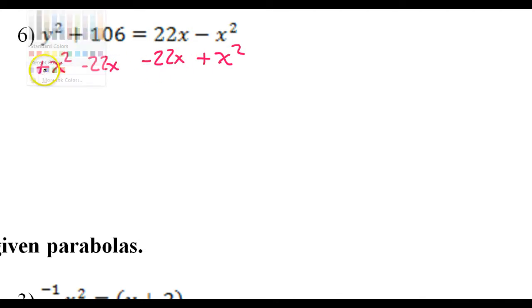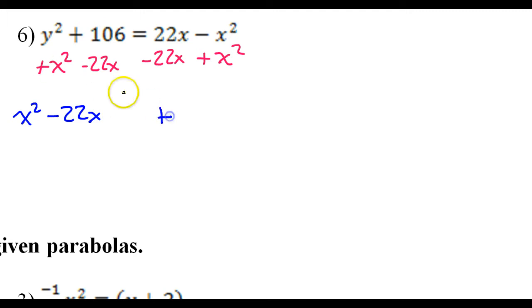So far, that's going to give me x squared minus 22x. And then leave a space. And then we've got y squared. And then I've got this plus 106 is equal to 0. So I just moved everything over to the left.